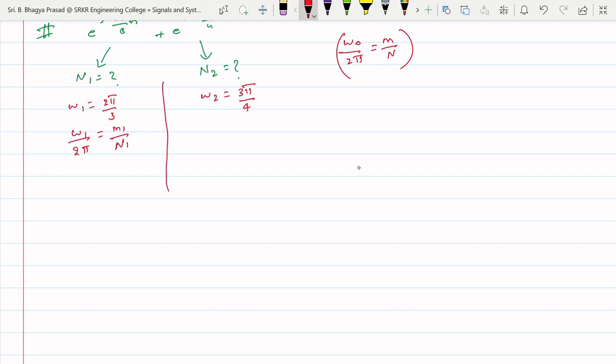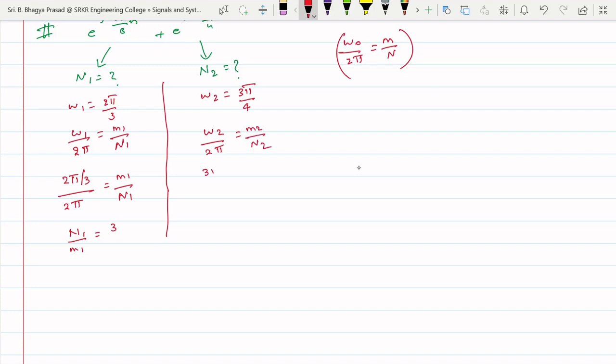What is omega 1? 2 pi by 3 divided by 2 pi equals m1 by n1, so n1 by m1 equals 3. The same with omega 2 by 2 pi equals m2 by n2.